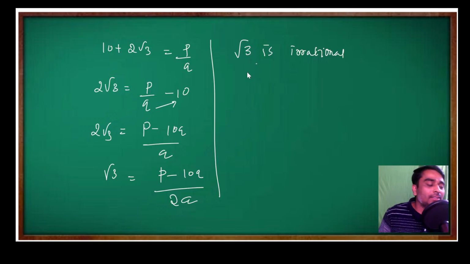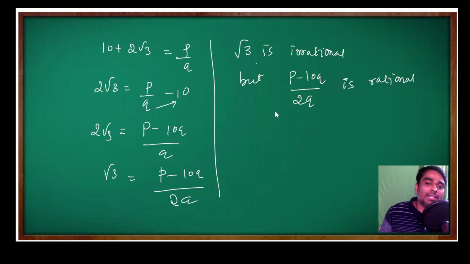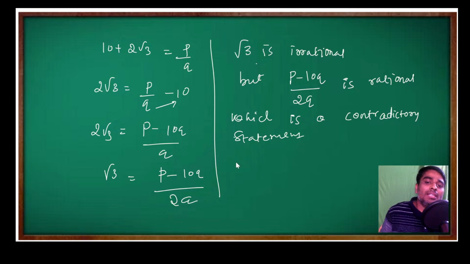But P minus 10Q divided by 2Q is rational, which is a contradictory statement, therefore our assumption is wrong.